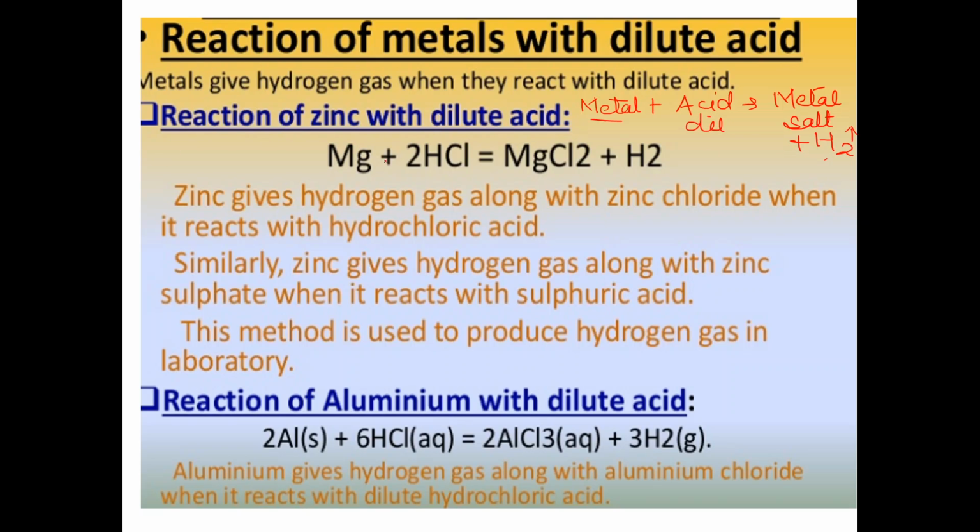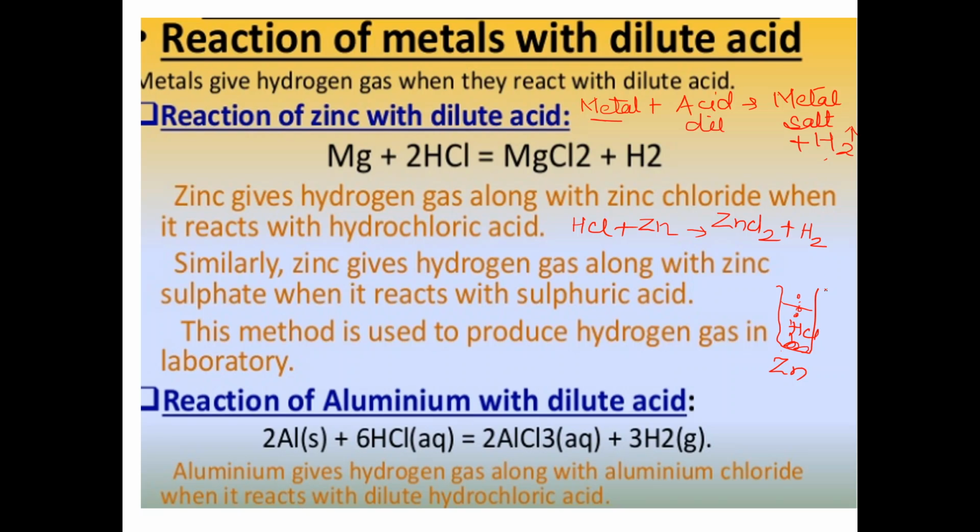In laboratory, hydrogen gas is prepared by reacting hydrochloric acid with zinc metal. So it forms zinc chloride plus hydrogen gas. In a test tube, if you take HCl solution and put some zinc pellets, you can find the bubbles of hydrogen gas.